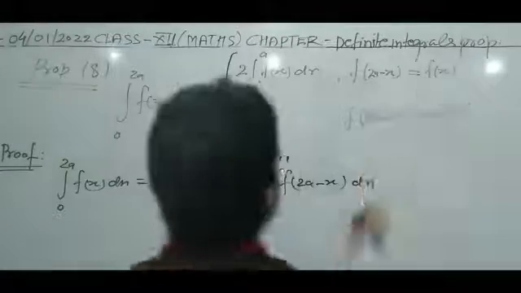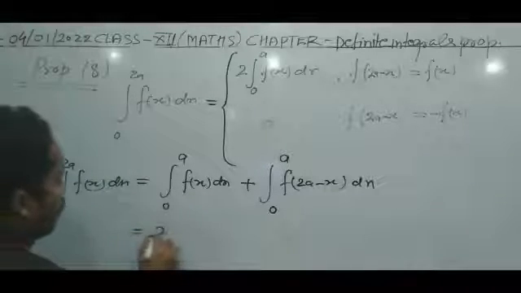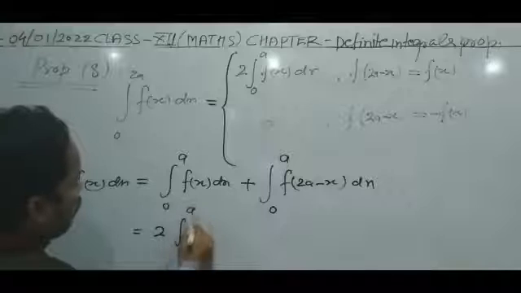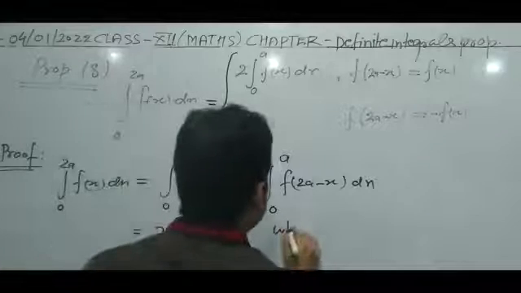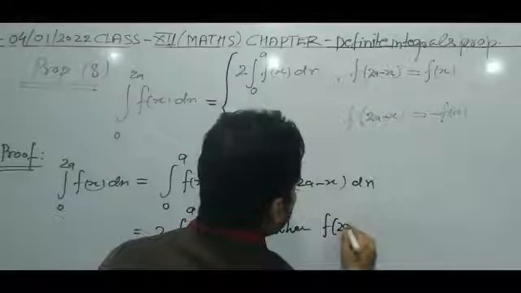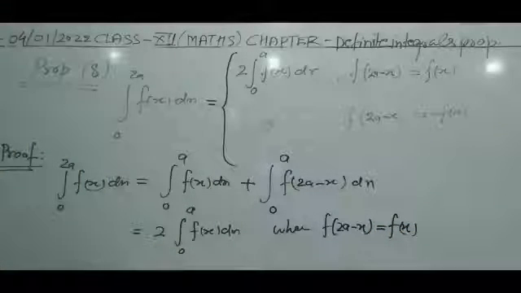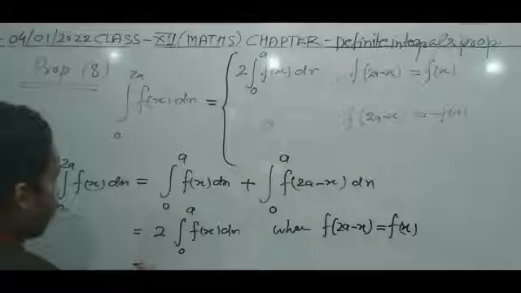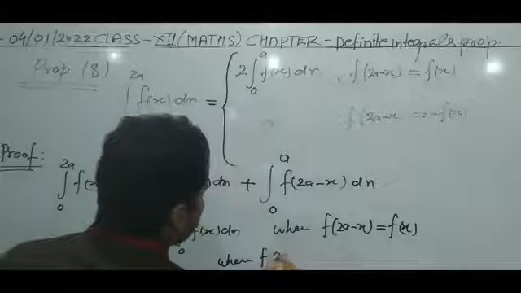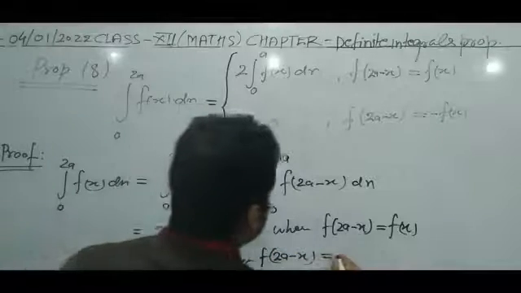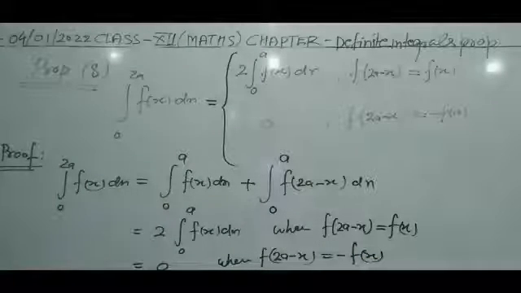So this result will be only 2 times integration 0 to a f(x) dx when f of (2a minus x) is equal to f(x), and this result will be 0 when f of (2a minus x) is equal to minus f of x. So this is the result. Now you can see.